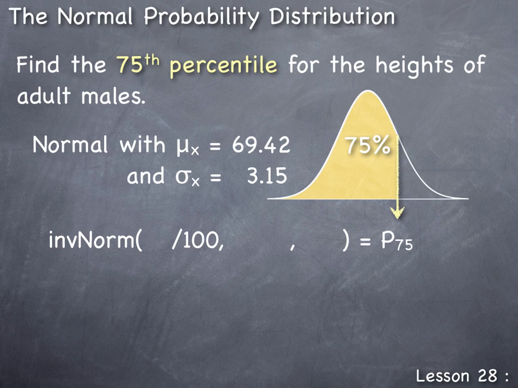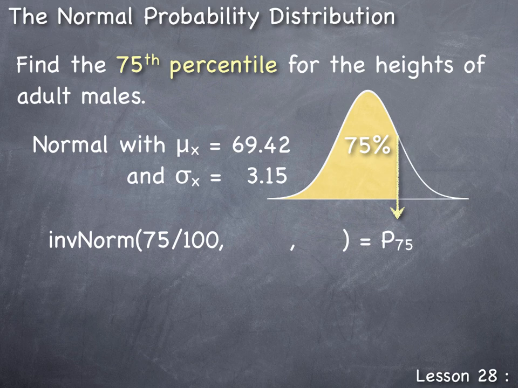So the 75th percentile has 75% of the normal distribution less than it. So we enter in the value of 75, divide by 100, because the calculator is a decimal machine, and just leaving it as 75% would give us an error. Or instead of entering in 75 divided by 100, we could enter the decimal version of 75%, which is 0.75. Either way, we would get the correct answer we seek.